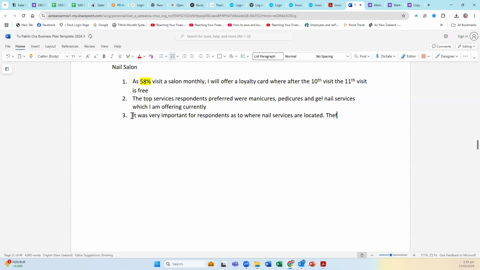Therefore, it would be ideal for me to concentrate on those who live in the immediate area. So you're going to be concentrating on promoting to those that are just not too far, because location is really important. Okay.